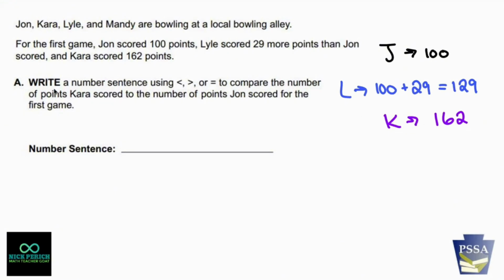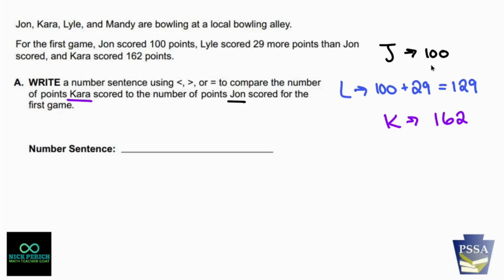All right. Write a number sentence using the less than symbol, the greater than symbol, or the equals symbol to compare the number of points Kara scored, so that's the number here in purple, to the points John scored for the first game. All right, so Kara is purple, John is 100.